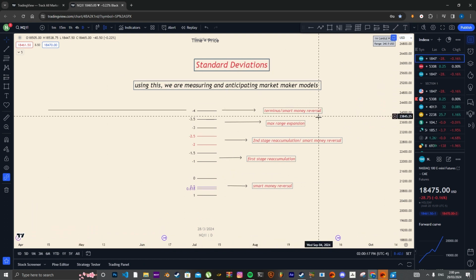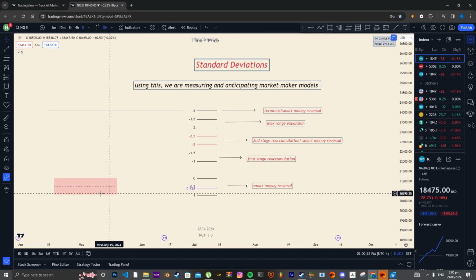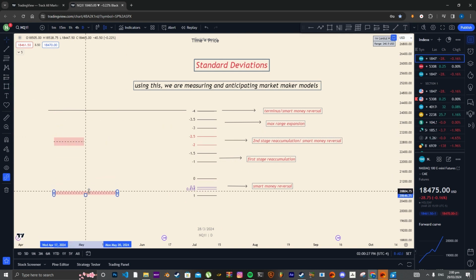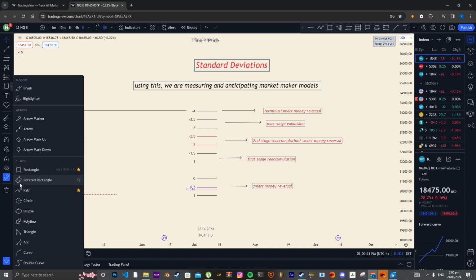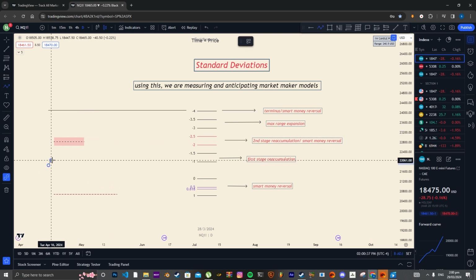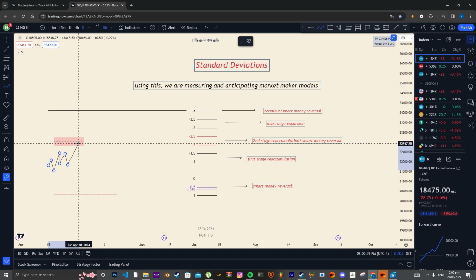So the smart money reversal can happen when we have a high time frame PD array, but we have a low time frame market maker model. So if there's a gap that's nested right up here, and let's say we have a drawn liquidity that's down here, then let's say right up here we're accumulating, and let's say we reach the -4, and then we come back down.